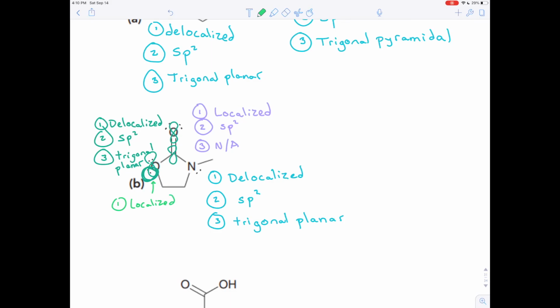And because it would be localized, it wouldn't spread out, so it wouldn't be quite as stable. The atom we already saw was sp2 hybridized. That's because the other lone pair is in a p orbital. And so you would have an electron geometry that would be trigonal planar.